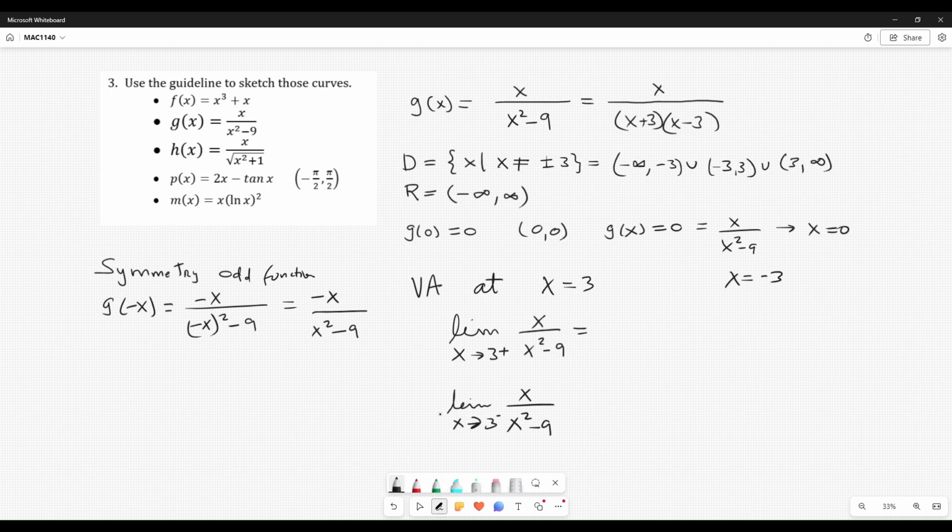Entonces we're plotting this: 3 over (3 plus) squared minus 9. Now it's easy to see. The numerator is just 3, but the bottom is 0. 3 plus is a number close to 3 to the right, so a little bit bigger than 3. So it's obvious that this is 0 plus, and 3 divided by 0 plus is positive infinity.